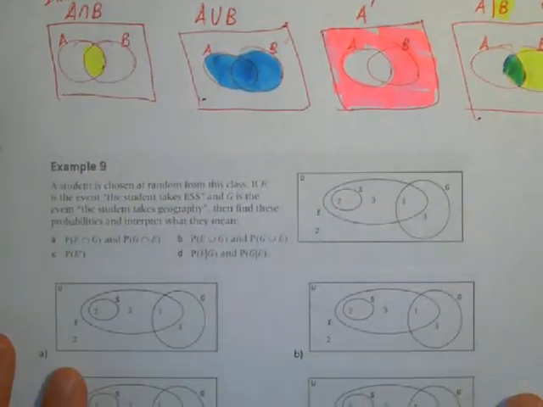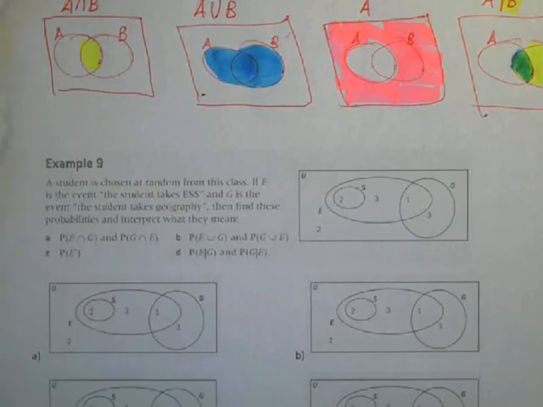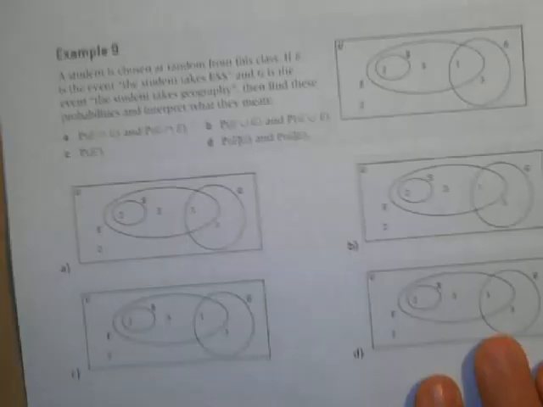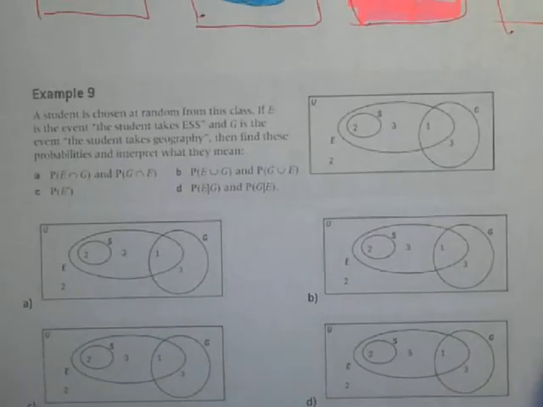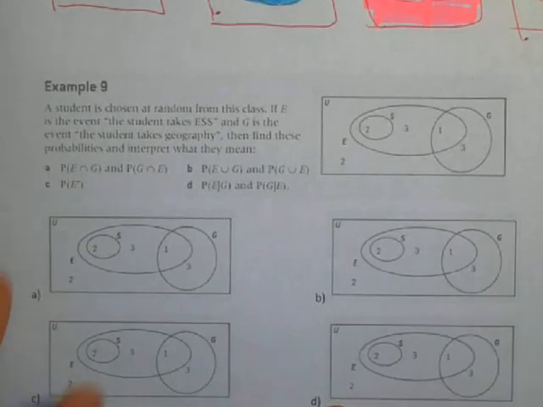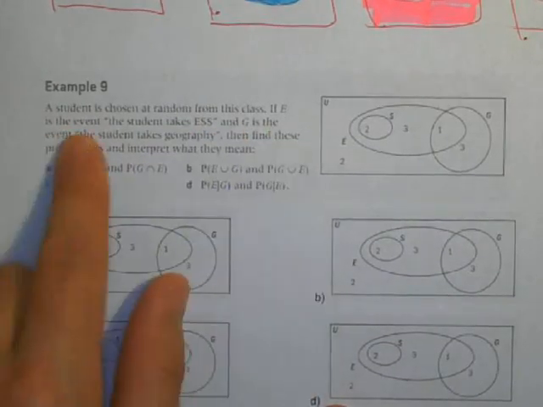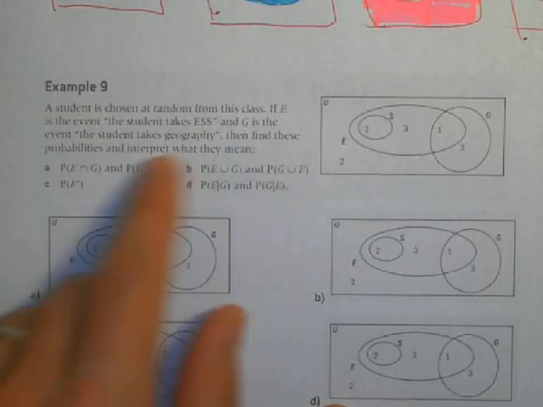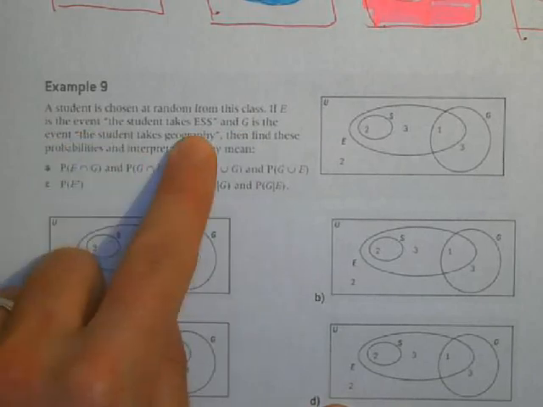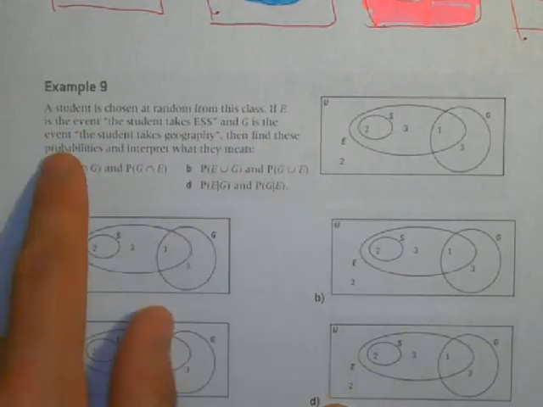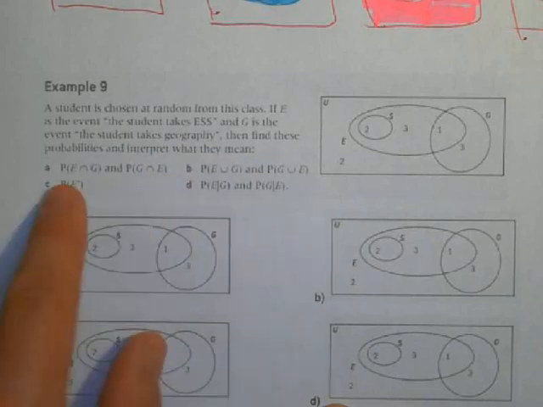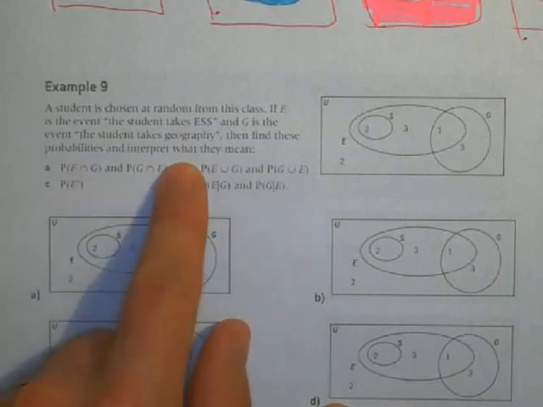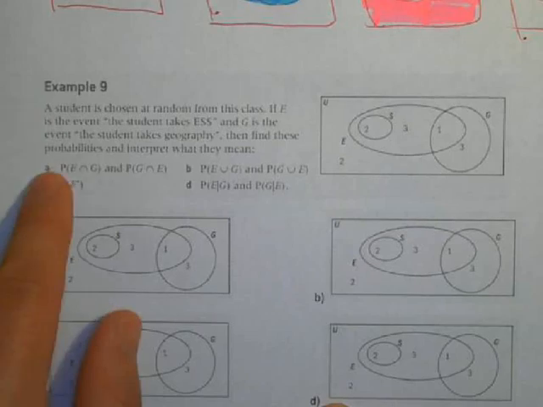So let's look at the next example. Some students are chosen at random. If E is the event the student takes ESS, and G is the event the student takes geography, find the probability of the intersection.